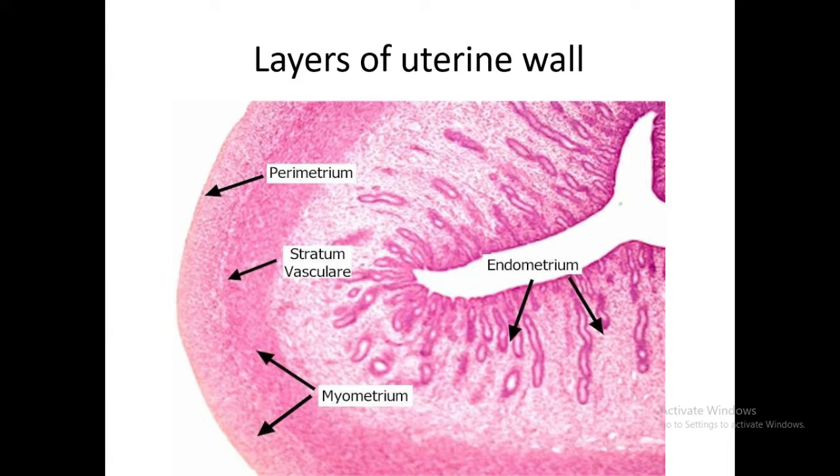The first 2 layers, stratum compactum and spongiosum, are known as the functional layer. This is the functional layer of the endometrium where implantation takes place, and this is the stratum basale.